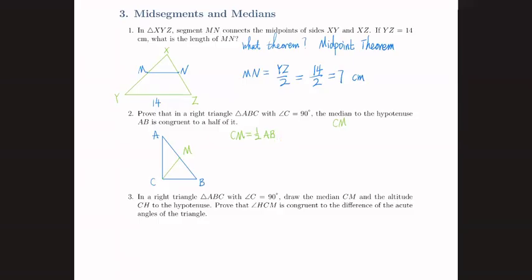Okay, so now let's give a different proof of this conclusion. To save some space, I'm going to put M there. I'm going to make a copy of the right triangle.